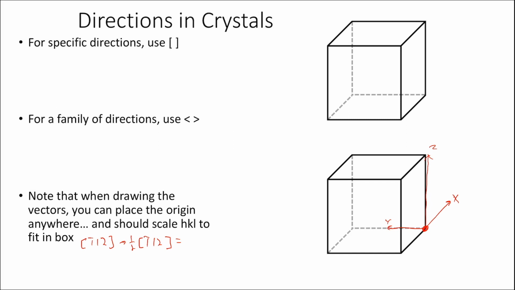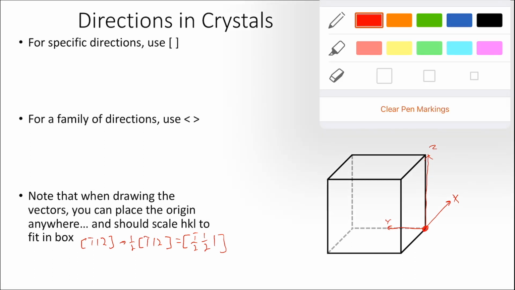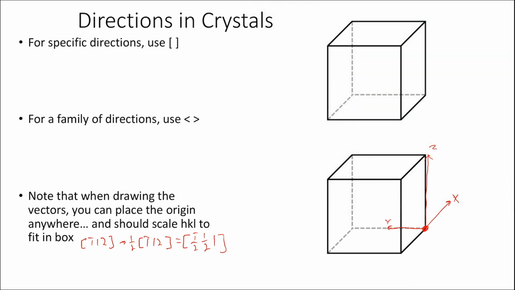So we're going to take the minus 1, 1, 2. We're going to divide it by 2 so that we can scale down the z index to 1. And so our new direction, which is still parallel, but the length is different, is going to be minus 1/2, 1/2, 1. And so what we can do is break this down into 3 different directions. We can use the additive property that I showed a little bit ago.